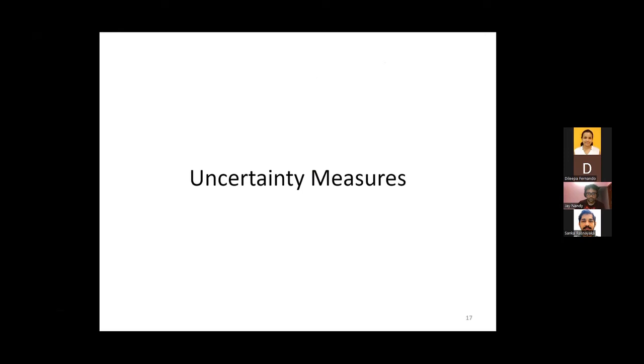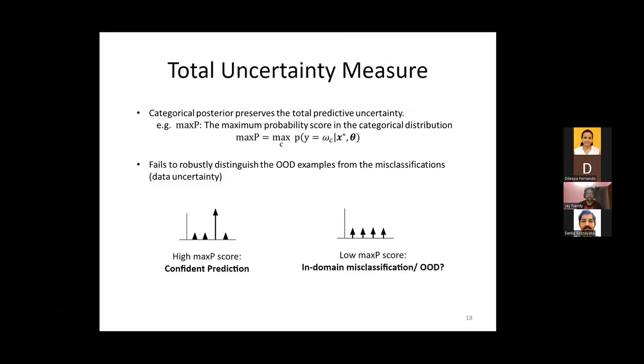Now, the simplest way of measuring the uncertainty, if we have a single neural network in the non-Bayesian setting, is probably to use the maximum probability score. If the classifier is very confident about one correct class, we achieve a very high probability score.